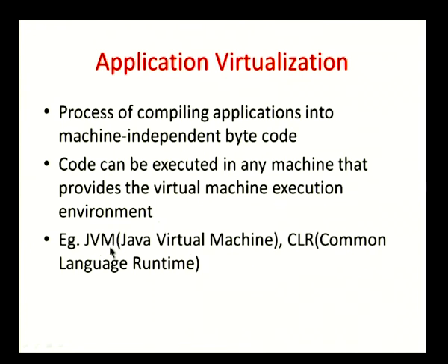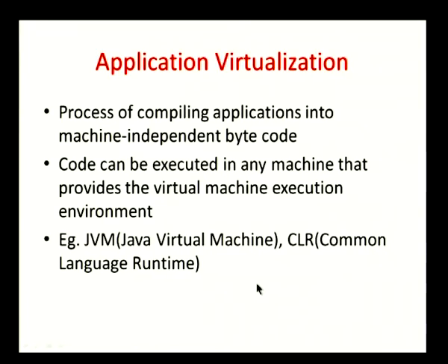The only condition is the JVM, Java virtual machine, that means the compiled code from a Windows machine is executed on the JVM provided in the Linux machine. So, the JVM is the actual virtualizing software.